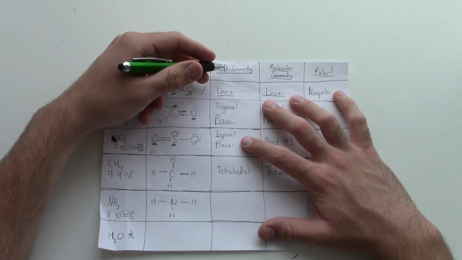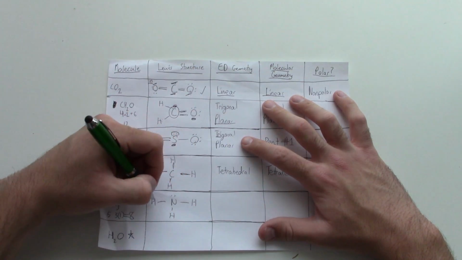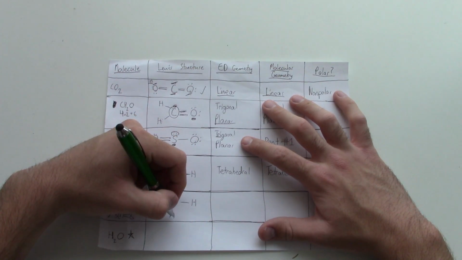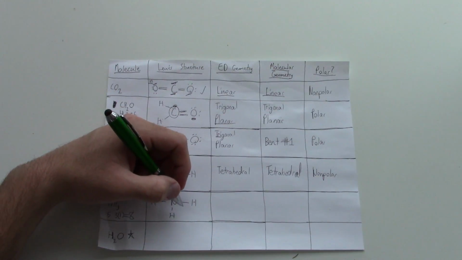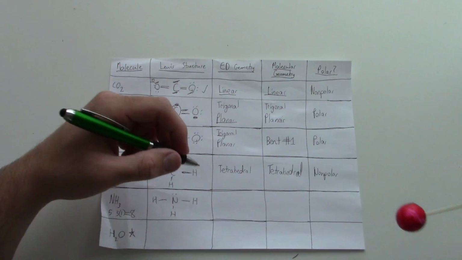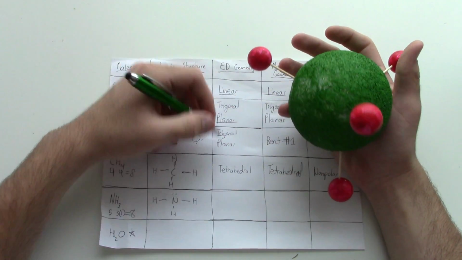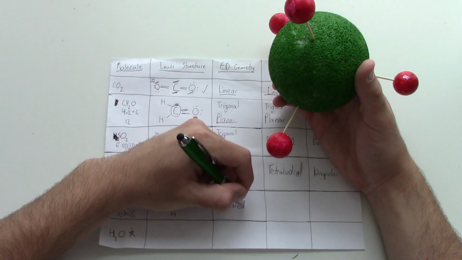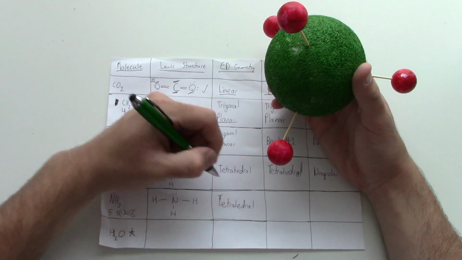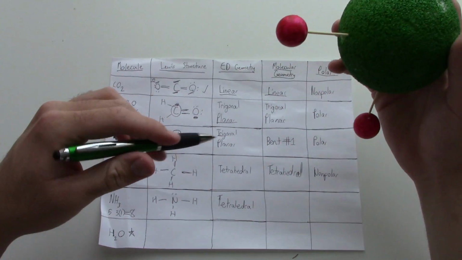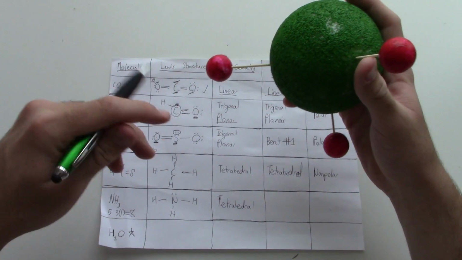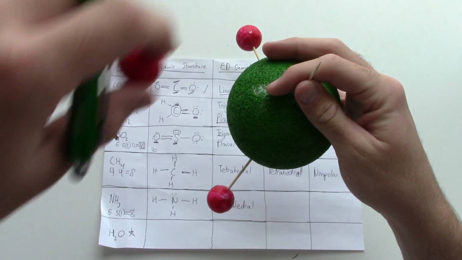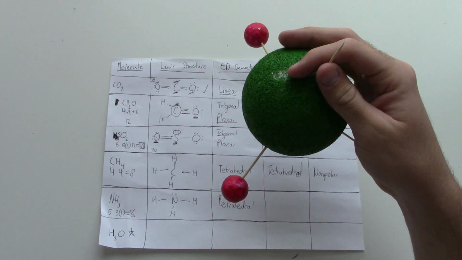So at the electron domain geometry, we'll see that there are 1, 2, 3, 4 groups around the central nitrogen atom. So that means that our electron domain geometry will also be tetrahedral, because it doesn't matter if those electron groups are lone pairs or atoms. But if we look at the molecular geometry, we'll have to remove this outer atom.